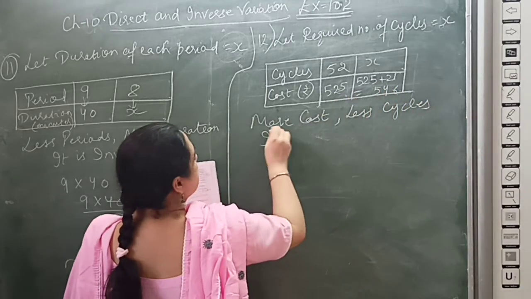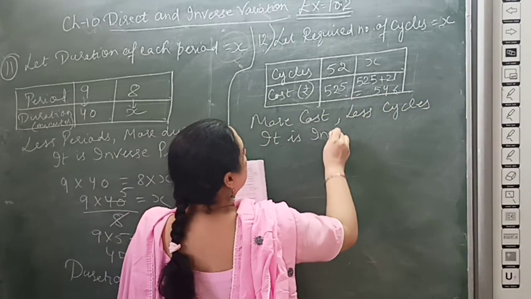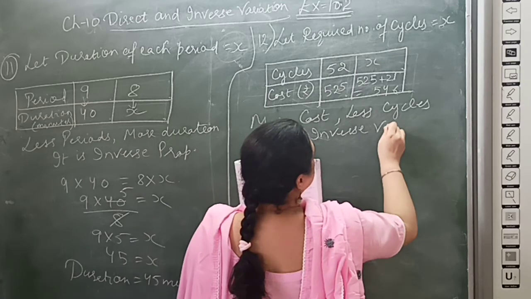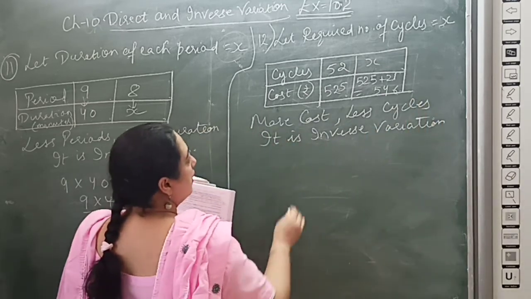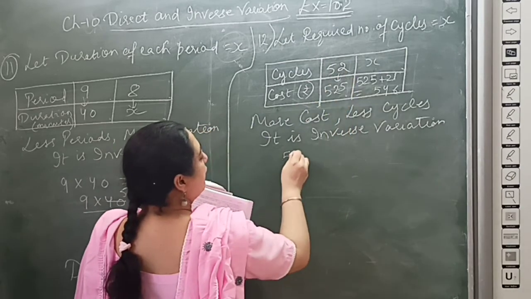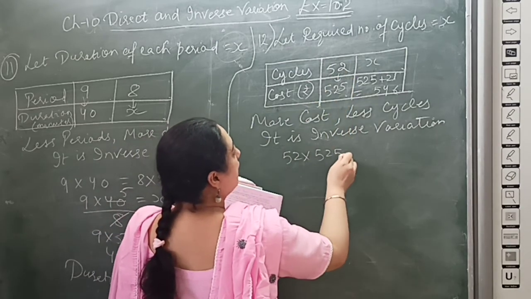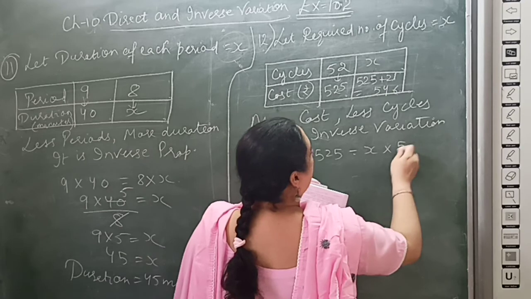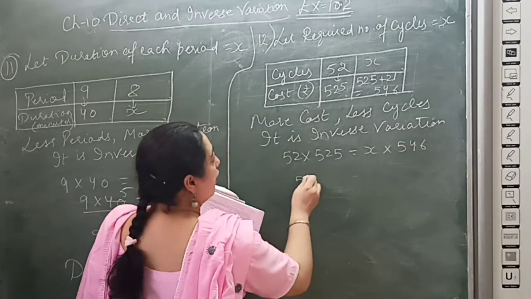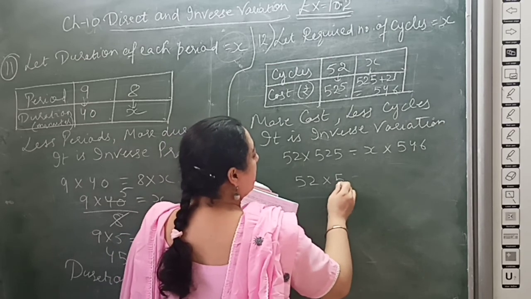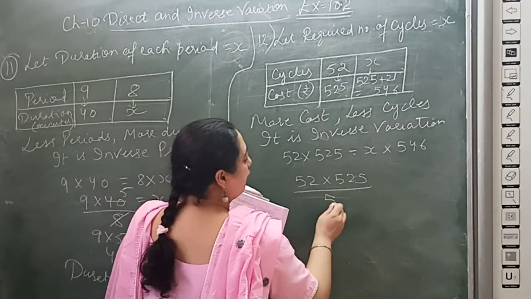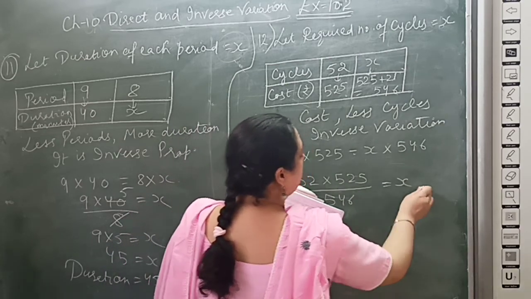So it is inverse variation. Now again I multiply 52 into 525 and x into 546. 525 multiplied by 52 and then divided by 546, so we will get x.